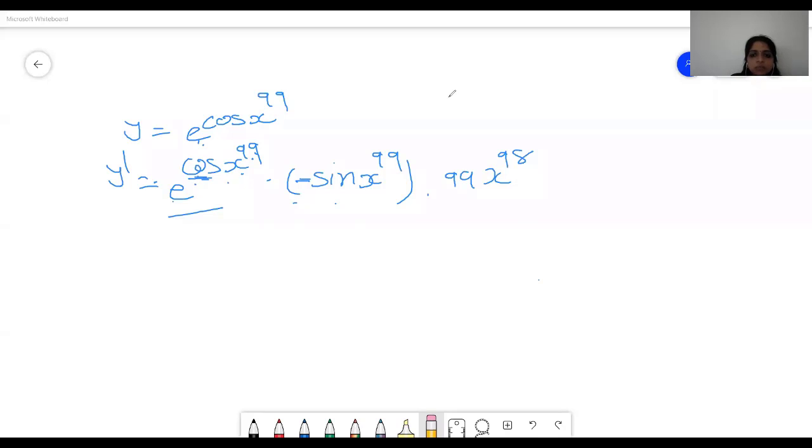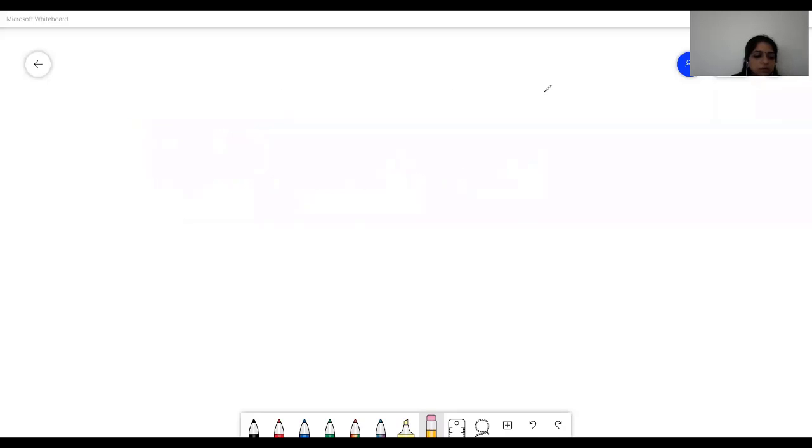Now, the next sum is, if you have given y equal to cos cube phi x, cos cube 5x. Anyone? Yes, Karan. Give the answer. Karan.